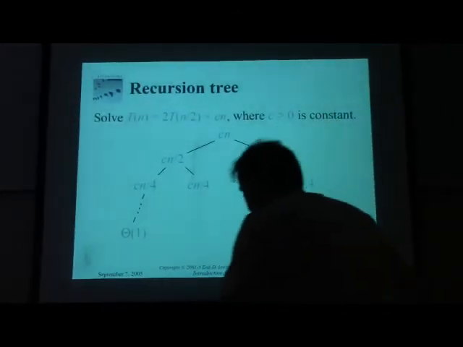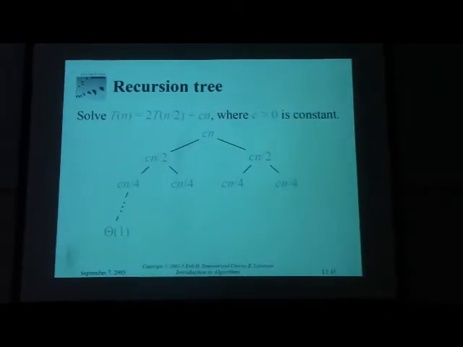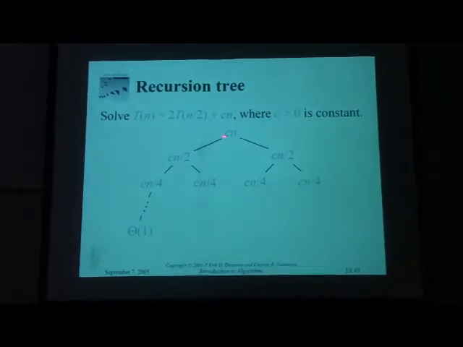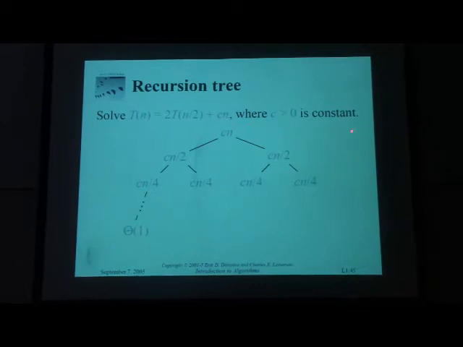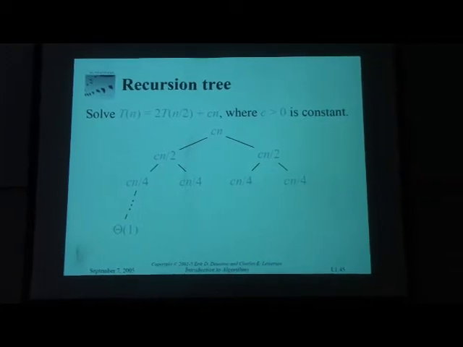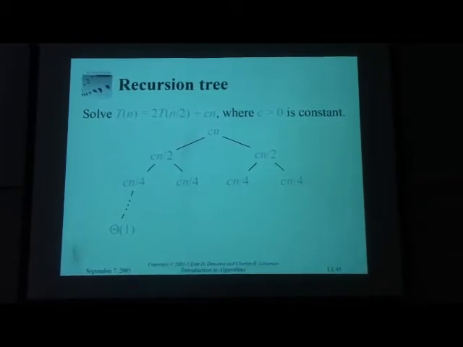So therefore, what we're going to do is tally up and sum up the total amount of work. So Cn, plus Cn over 2 plus Cn over 2, Cn. In fact, you can see that this is always going to be Cn. And so, how many nodes are at this level 0? 1.